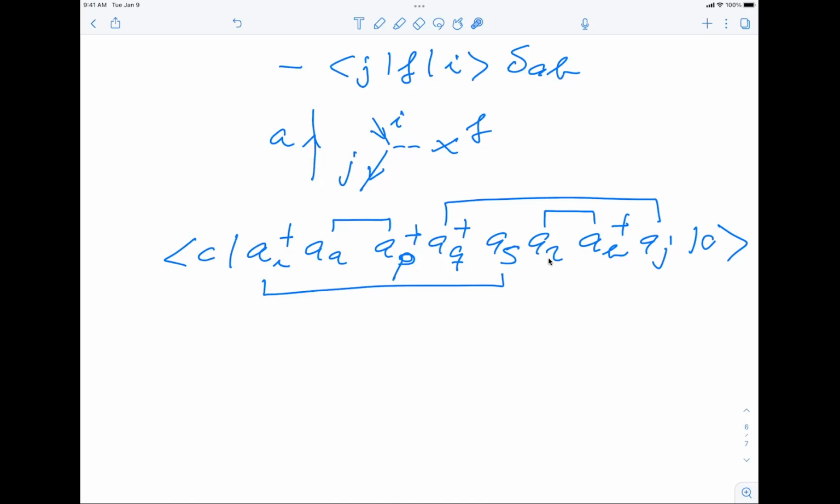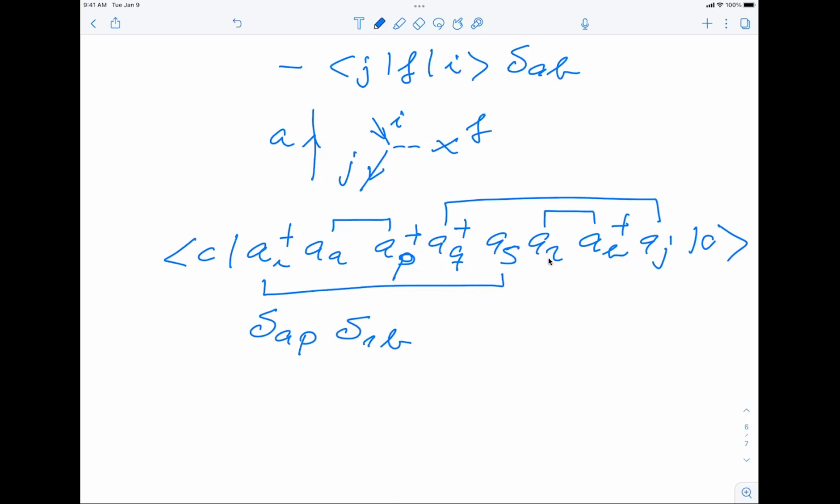So if we look at the type of matrix element we would get when we are setting up all these types of contractions here, first we will get a delta AP. That's one type of contractions we get. We get a delta of RB.